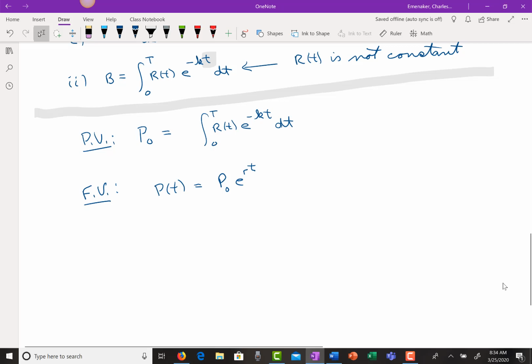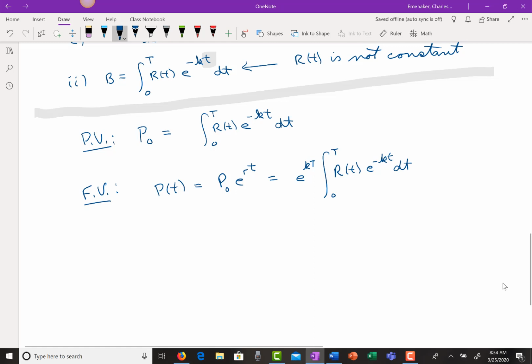Now, the cool thing here is the formula for this future value is going to be e to the k capital T times the integral from 0 to capital T of R of t e to the negative k lowercase t dt.